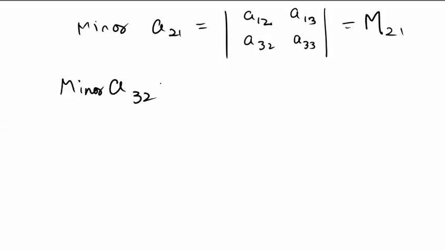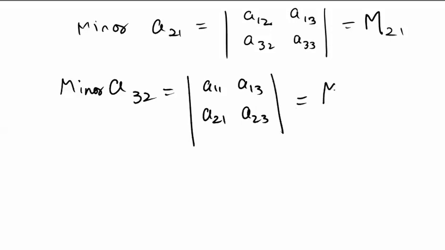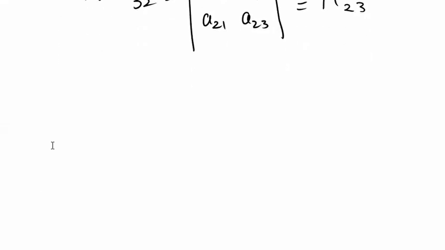And what row? The third row. So it will become a11, a13, a21, a23, and you represent it by M32. Clear? So this is a very simple thing about minors. Then we will talk about cofactors.